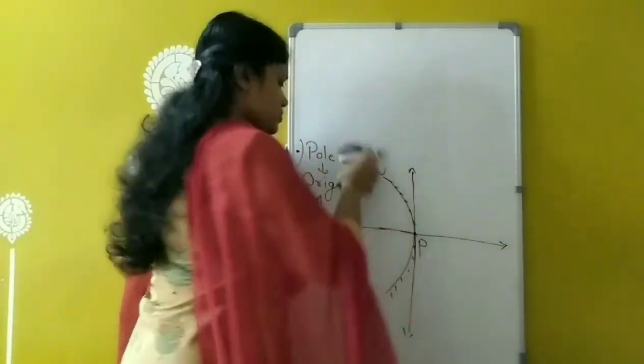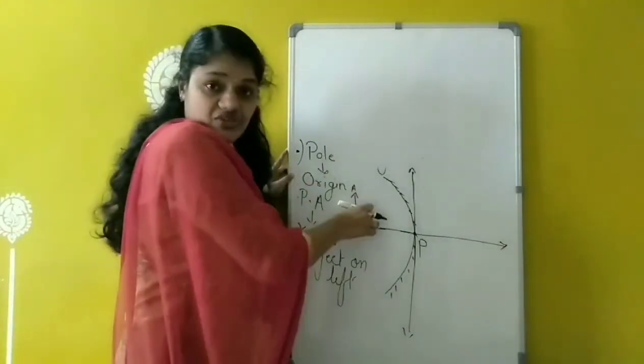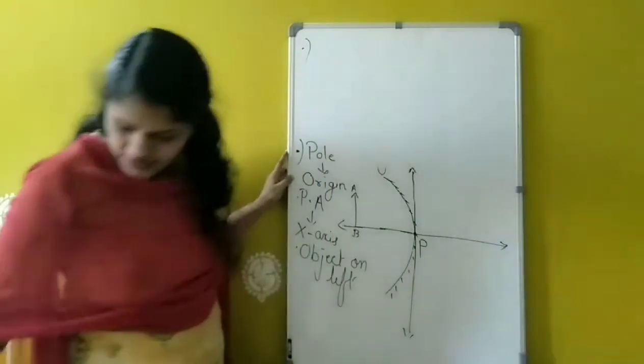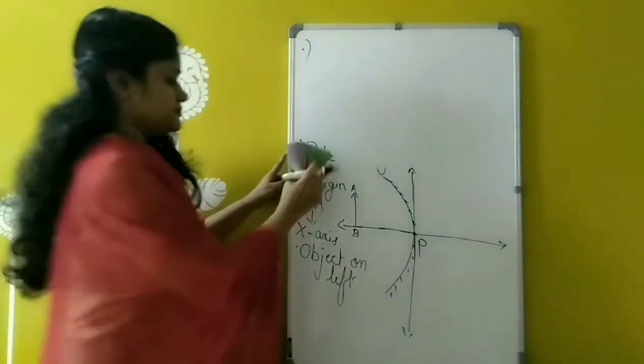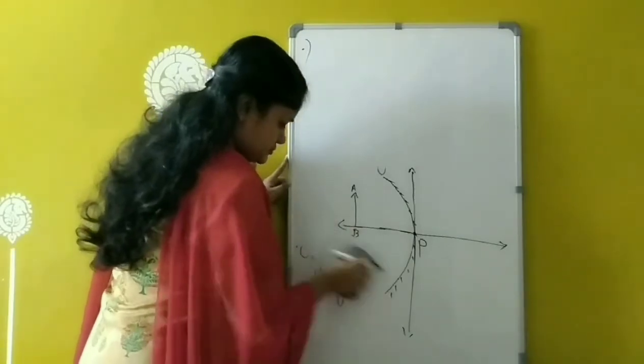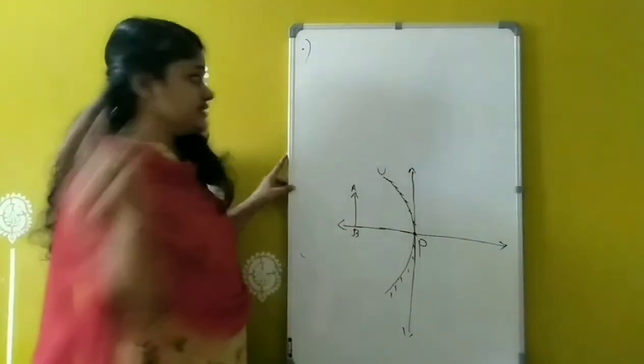I told you the system we are using is the new Cartesian sign convention. The first point: the pole is taken as the origin. Once again I am writing neatly here.